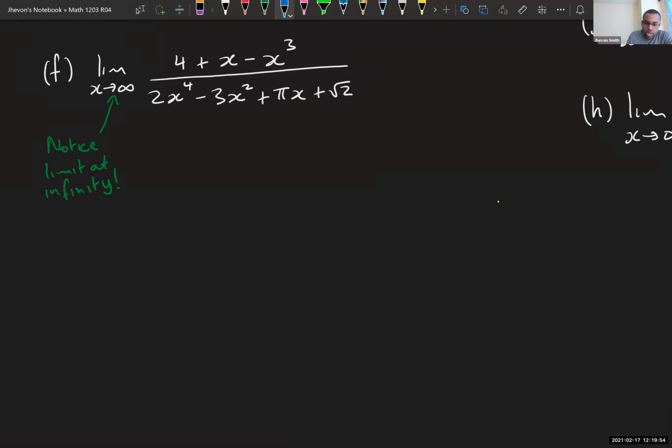So what we're going to do is, of course, 1 automatically can't plug in, so I'm not even going to think about it. Infinity is not a number, so I can't plug it in. So step 1 is automatically off the table. So step 2 is we're automatically going to think, can I simplify this to get something else? And you can, when you notice it's a limit at infinity, you can do this kind of simplification.